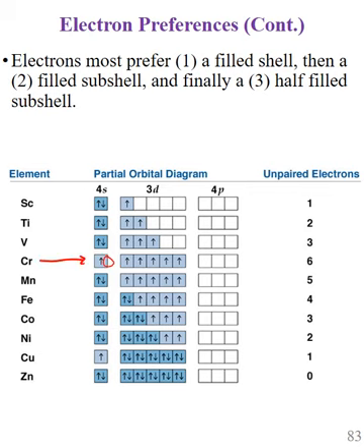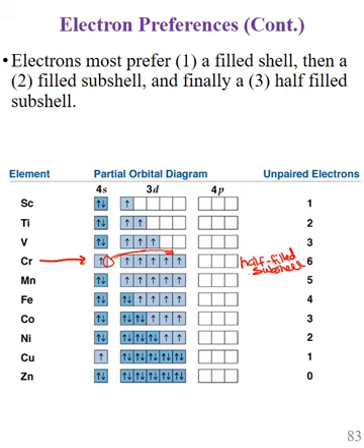The reason why is because now this is a half-filled subshell. So the 3d will steal an electron from the 4s and move it up to the 3d. So now the 3d is super happy. Well, not super happy, but it's fairly happy because it's half filled.